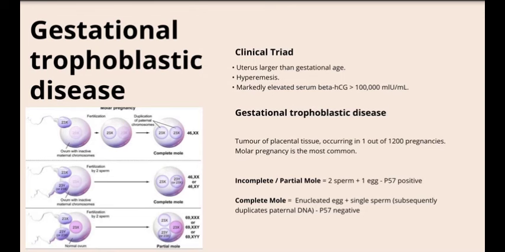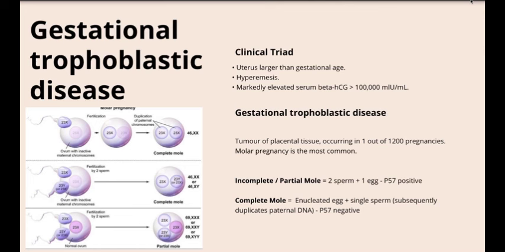In this scenario, we had a classic presentation where the uterus was larger than the gestational size. The patient had hyperemesis, they were vomiting and had nausea, and it didn't say this in the case, but in this case, the patients have very high beta-HCG levels.